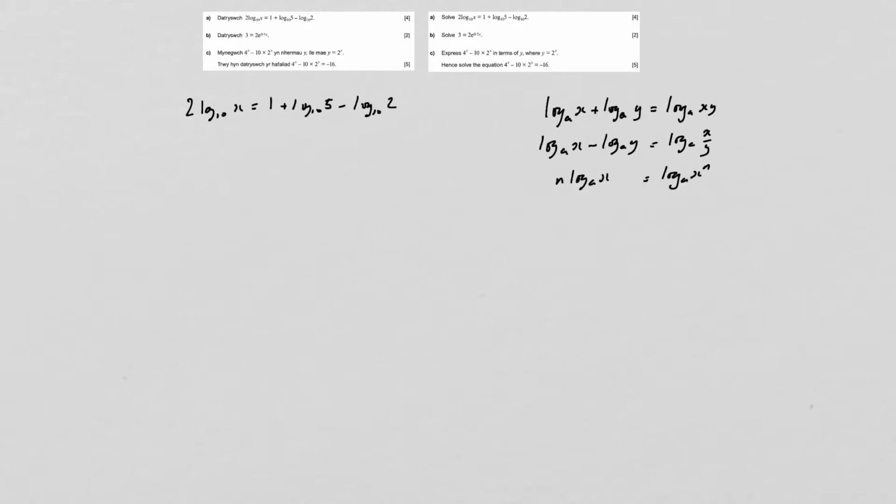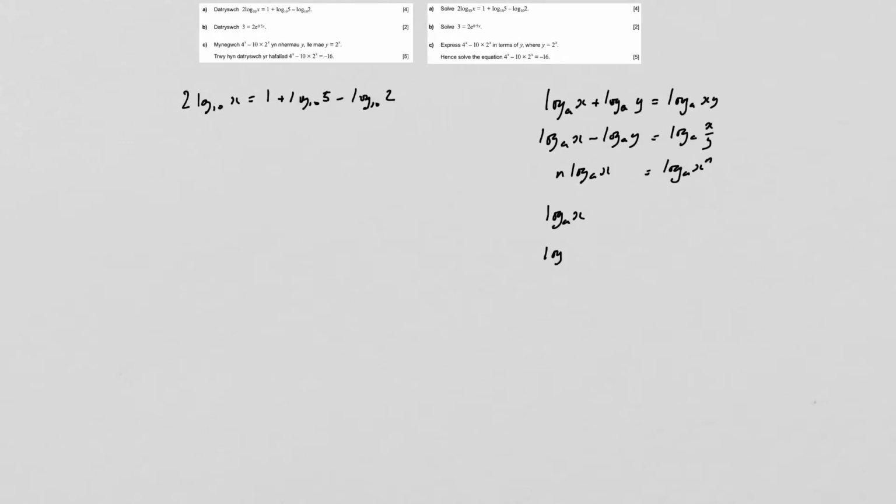There are various different ways of tackling this, but one way of doing it is to turn the 1 into a log. So that means thinking about what log means. Log base a of x means what power of a will give us x. So if we think of 1 being some sort of log, we have log base 10 of something is 1.